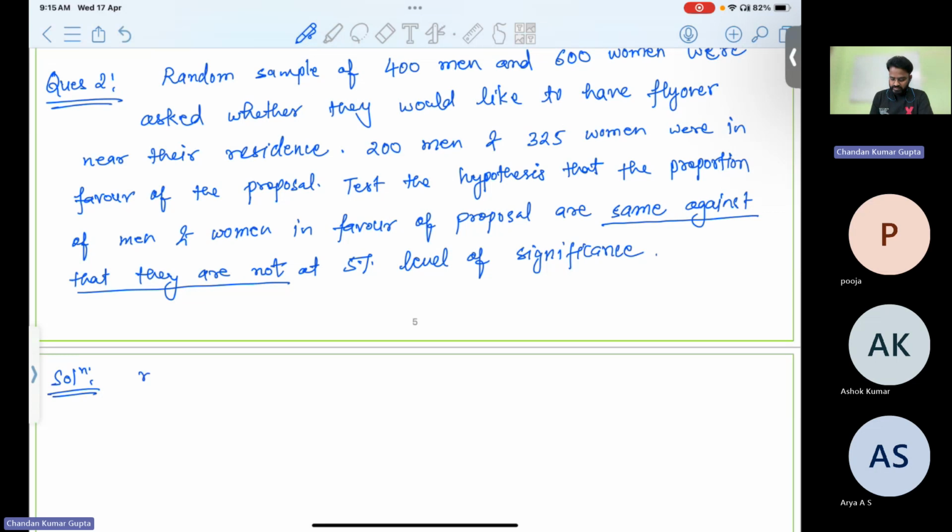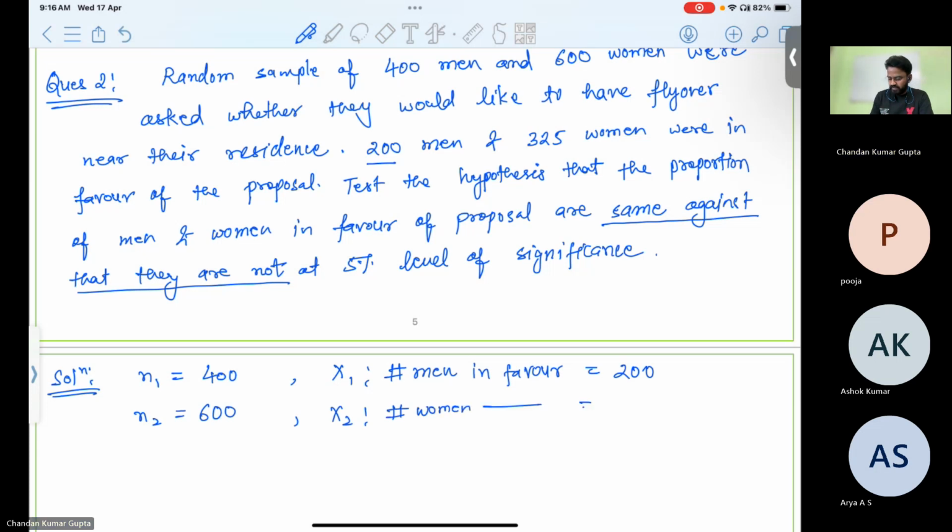So n1, which is the number of men, is 400, and x1, the number of men in favor of the proposal, is 200. Similarly, n2, the number of women, is 600, and x2, the number of women in favor, is 325.